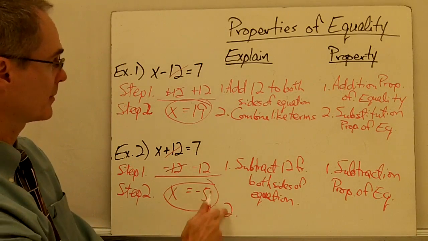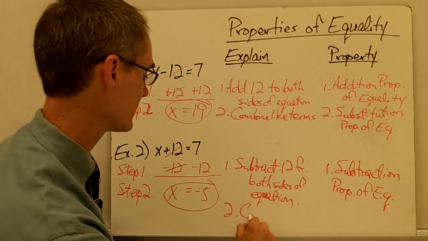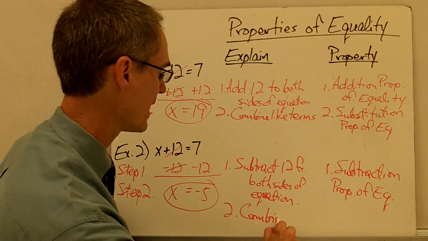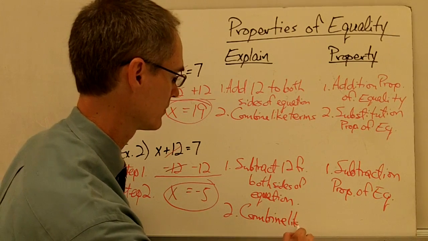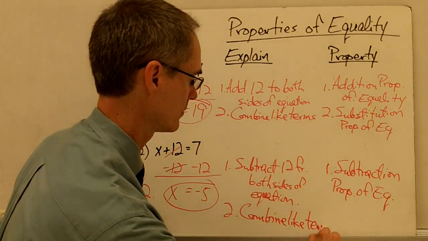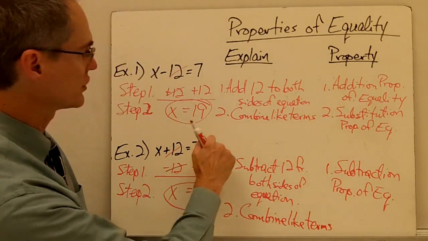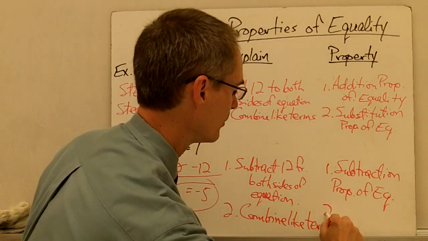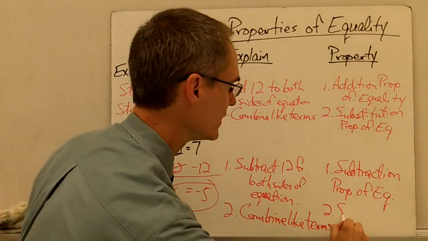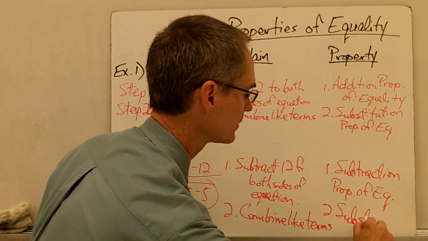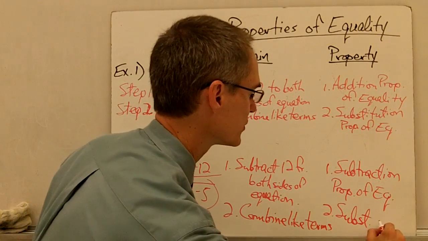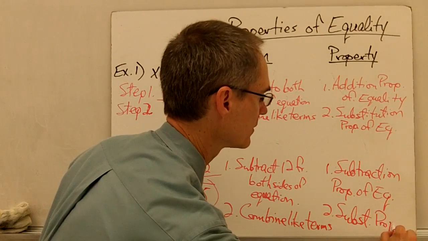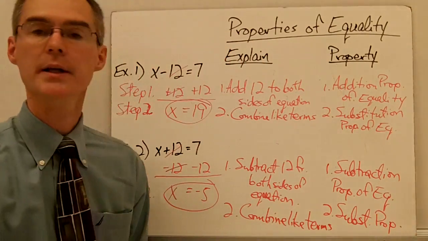Explaining that step, I'm going to say I'm combining like terms. And just like before, the property that allows me to do that is called the substitution property of equality.